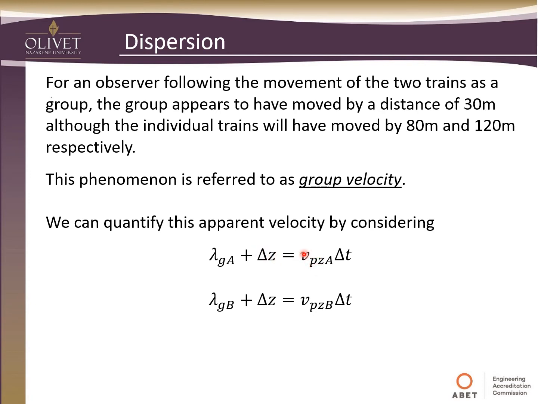And we have this phase velocity in Z of the A train and the amount of time it took to do that. Now we have this lambda for the B train, again the same delta Z as before, and then the phase velocity in the Z direction of the B train, delta T. We should observe that we have two equations, two unknowns, so we can solve for this.